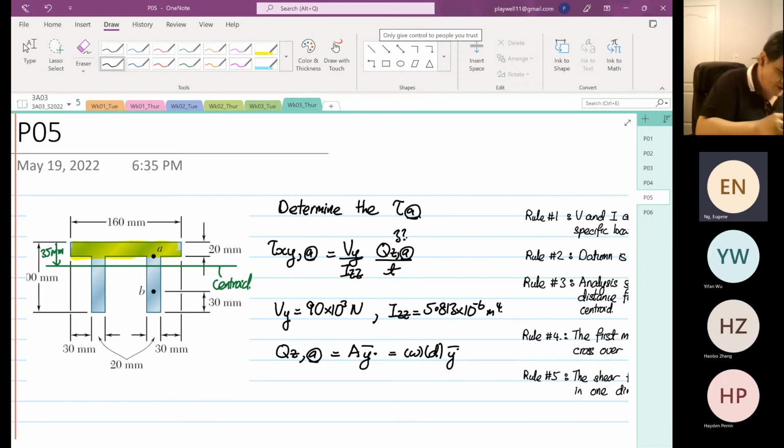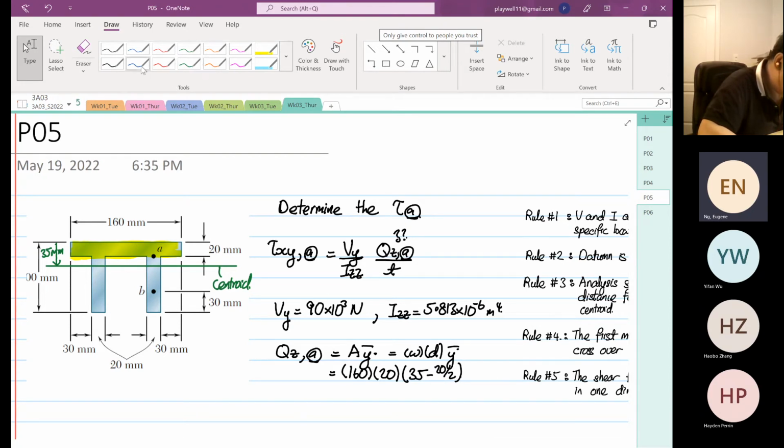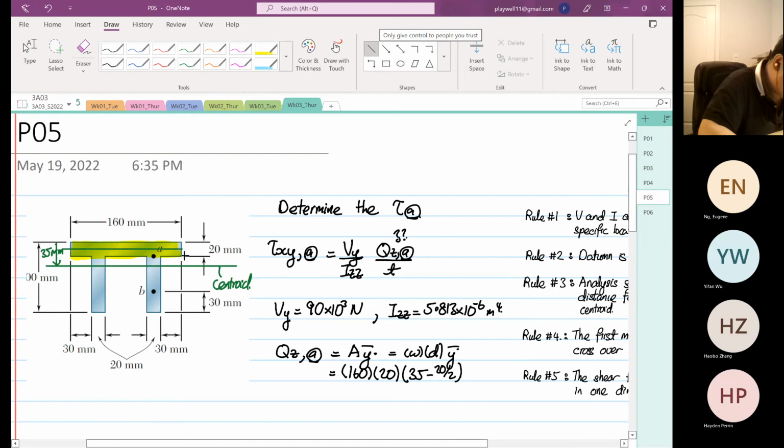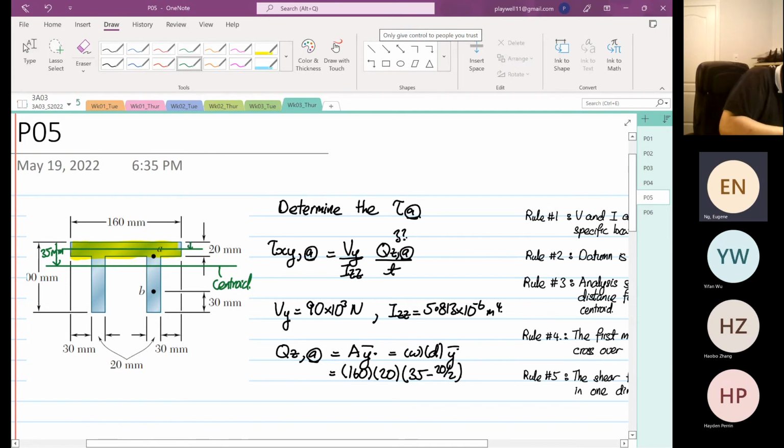From here, our width is equal to 160. Our depth is equal to 20. The y bar will be 35 minus 20 divided by 2. Why 20 divided by 2? Because the defined area's centroid is exactly at the center over here. So this is where we have our 20 divided by 2.